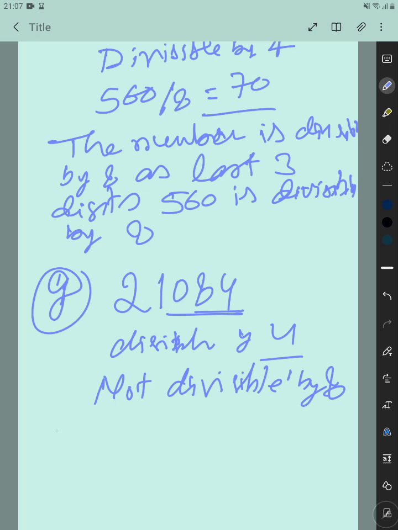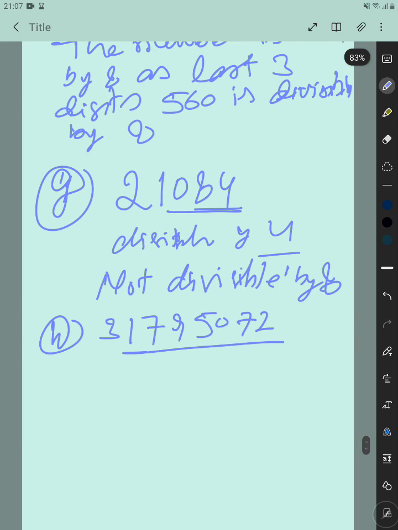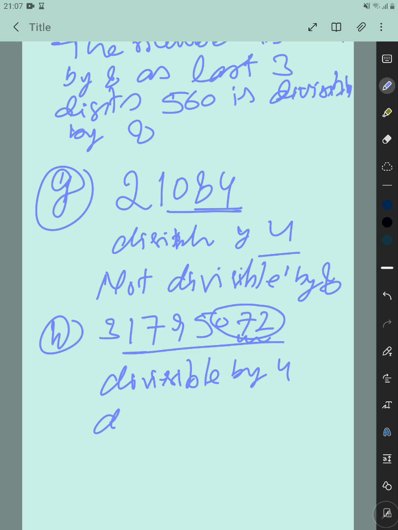So now G is complete, then come to H. H is 3179507, okay. So for 4 we need to find only 72 divisible by 4, so it is divisible by 4. Okay. Last 3 digits is 072 and same, that is divisible by 8. So it is also divisible by 8, okay.